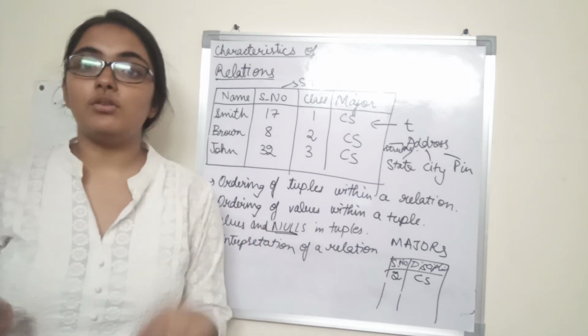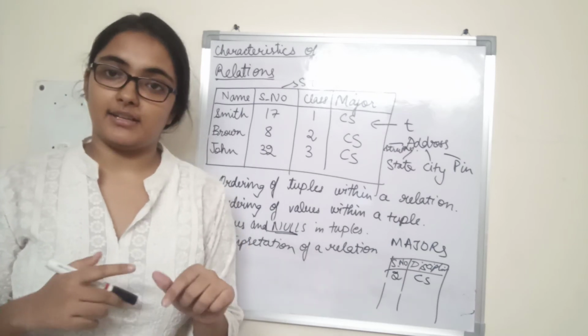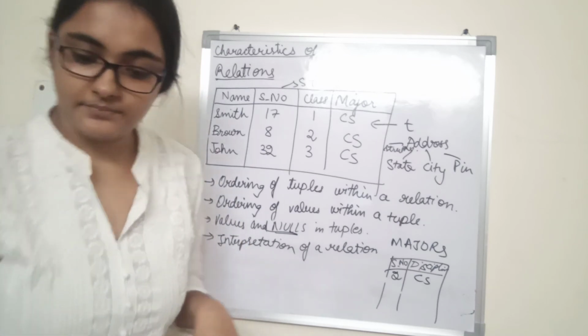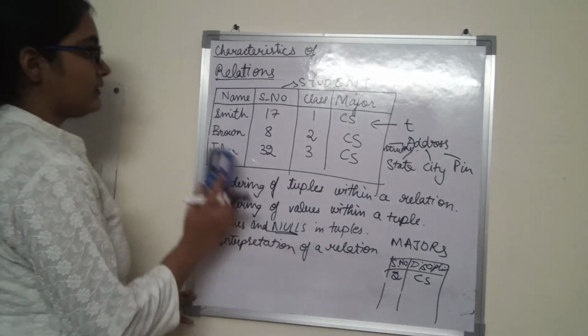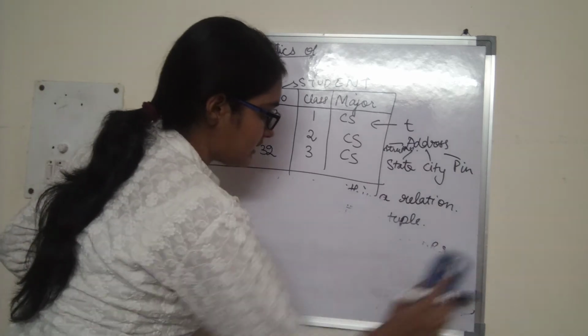Now let us talk about the constraints that are applied to values that we enter in a relation. So you understood all of this.